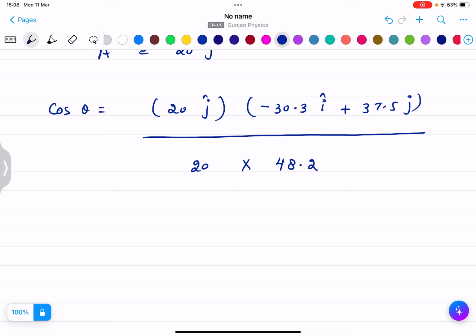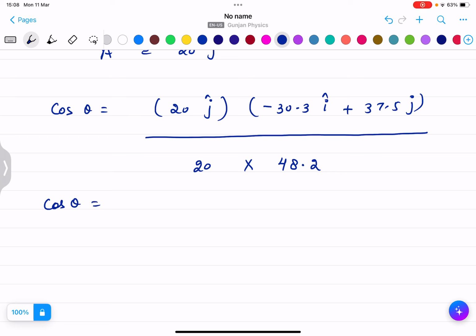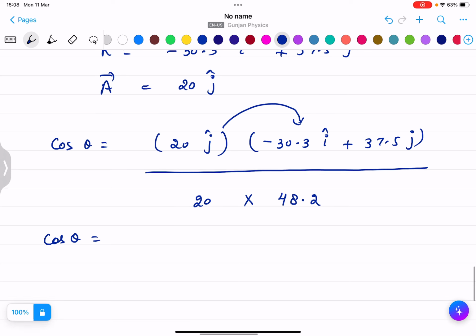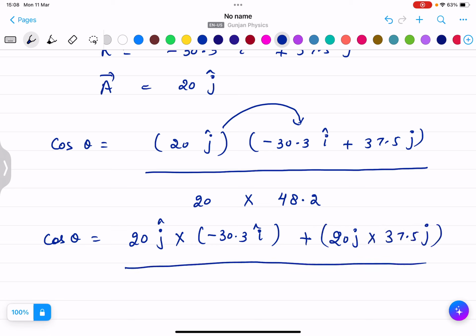Now if we multiply 20j with this term, what will happen? It is multiplying i into j, and i into j equals 0. So this term will be equal to 0. So I can write 20j multiplied by minus 30.3i plus 20j multiplied by 37.5j, divided by 20 into 48.2.